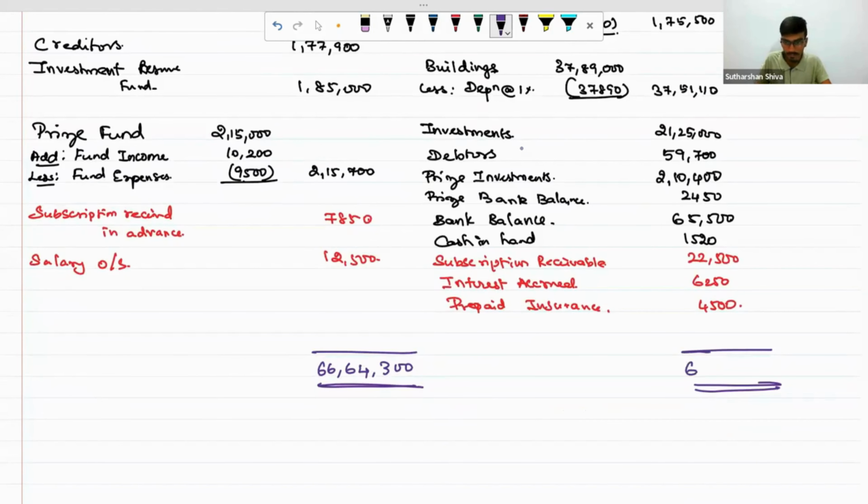What is the final value? Yes, both the sides tally.